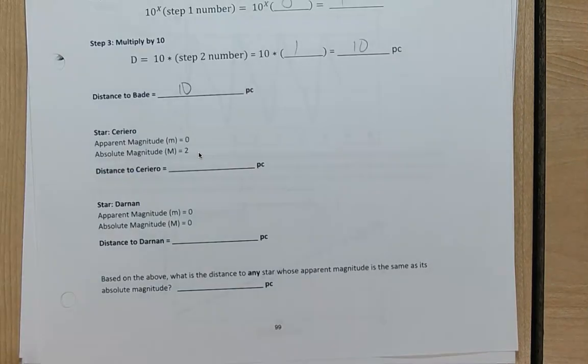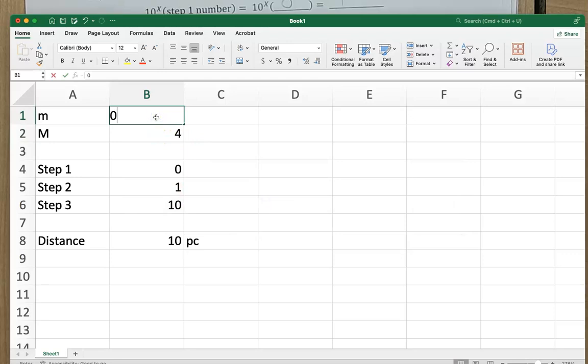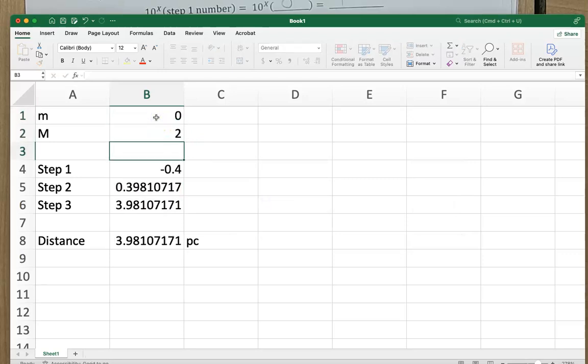How close? Well, again, like I said, hard to eyeball, but let's put our numbers into our spreadsheet and see what happens. Little m is 0, big M is 2. 3.98 parsecs? Well, it's less than 10, just what we expected. So that answer makes sense.